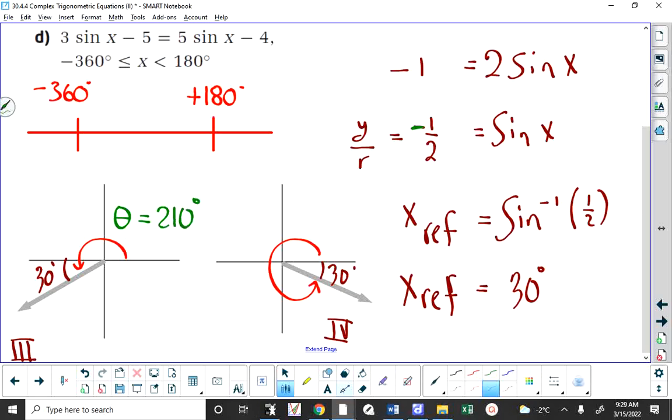Would you agree? Okay. And if we do that for the one that's in quadrant 4, we would get 330 degrees. And I think you're okay with that.